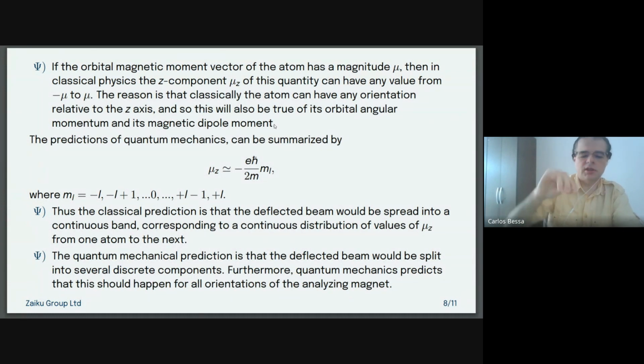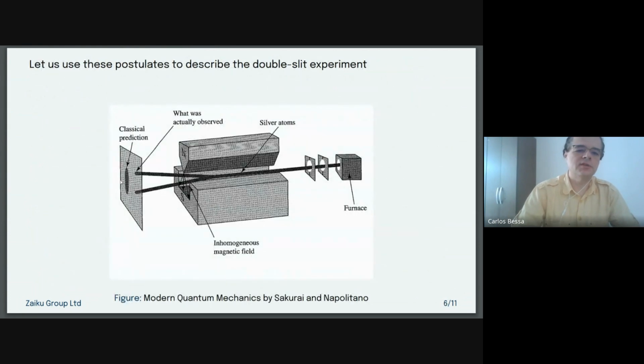So classically, all these values are possible, since the orientation would be proportional to something related to mu cosine of theta, where theta is the angle of this orientation, and that's why it could be possible to have values between minus mu and plus mu. That's the prediction. So it would be something continuous, because it depends on the angle of the orientation. It would be something like this.